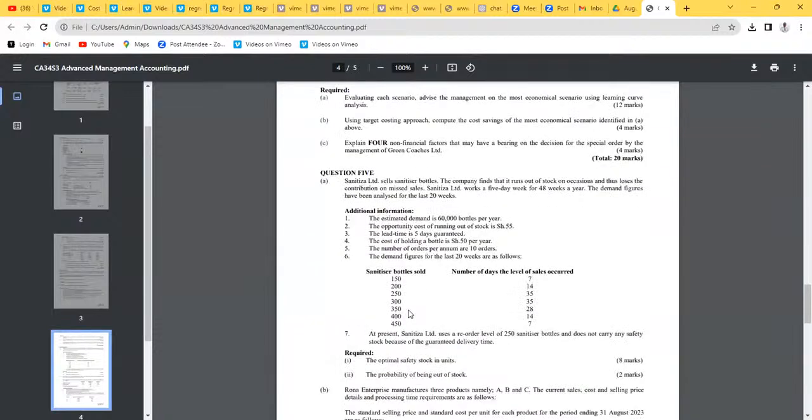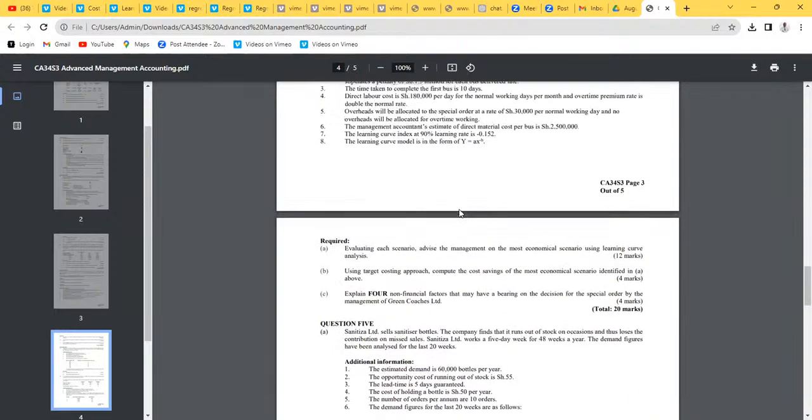Then required, evaluate each scenario and advise the management on the most economical scenario using learning curve analysis. Using target costing approach, compute the cost saving of the most economical scenario identified in A above.